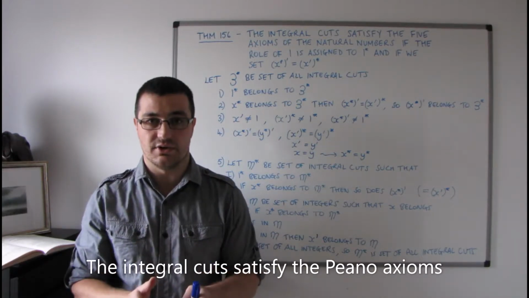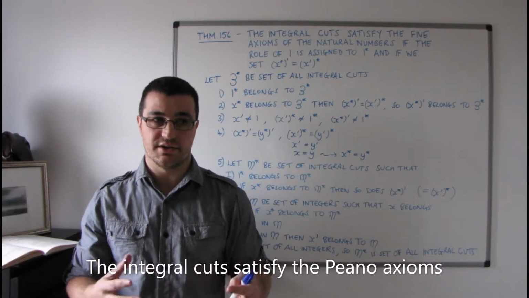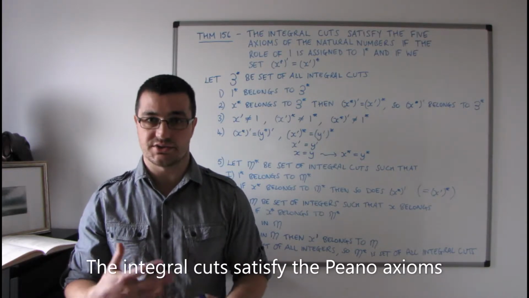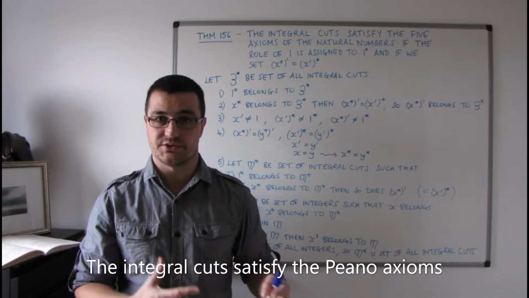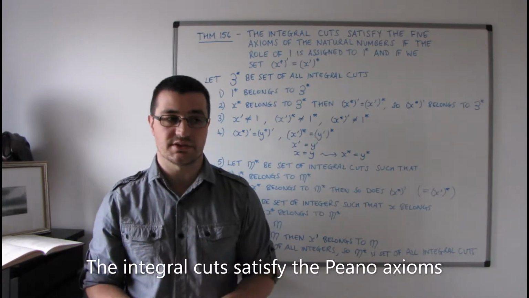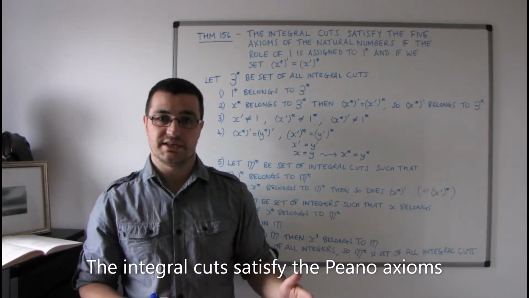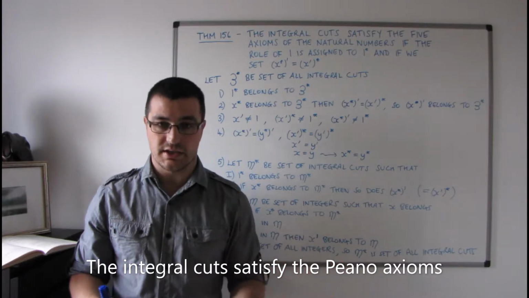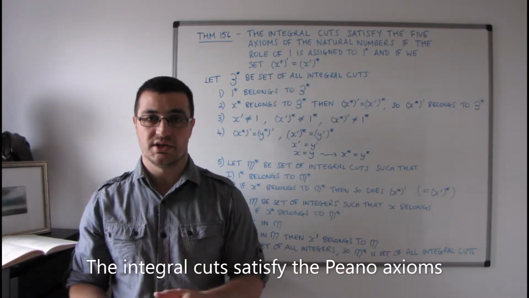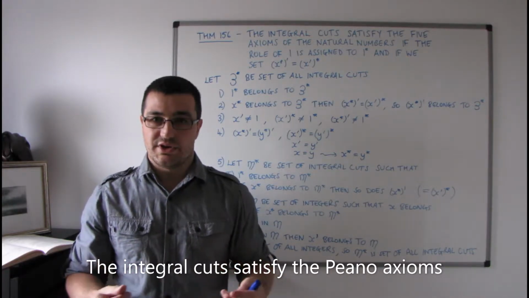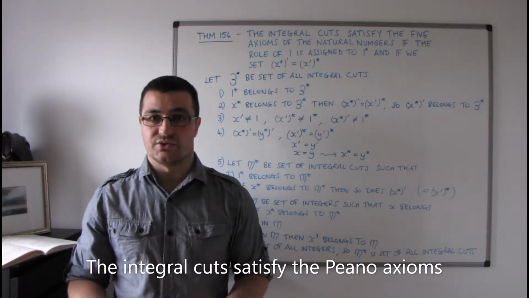We had the integers, but we also had the rational numbers that were not integers. So we had extra numbers, which we didn't have before, which was a clear benefit to us. But in this case, we replaced the integers and rational numbers with integral cuts and rational cuts, but we don't actually know if there's anything extra that's been brought along.